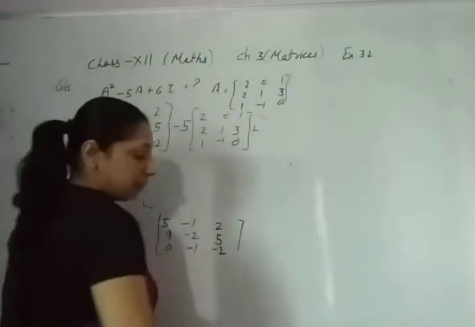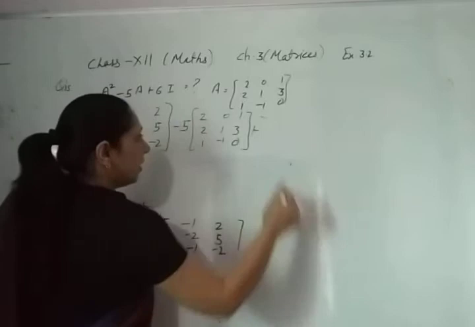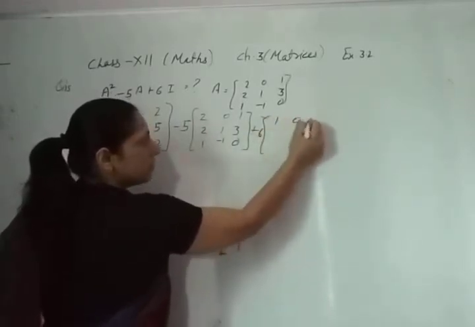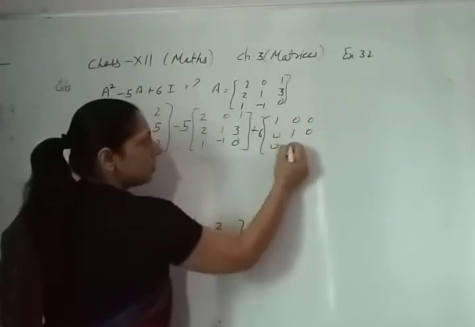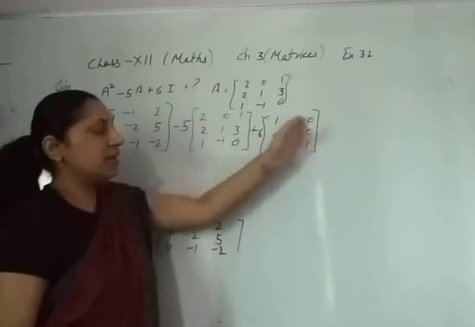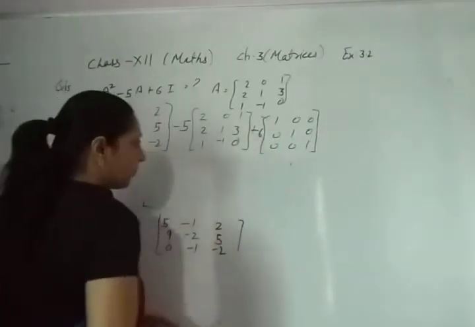I means identity element, so that is equal to 6 times [1, 0, 0; 0, 1, 0; 0, 0, 1]. Identity matrix, remember, is one whose diagonal is 1 and remaining elements are 0.